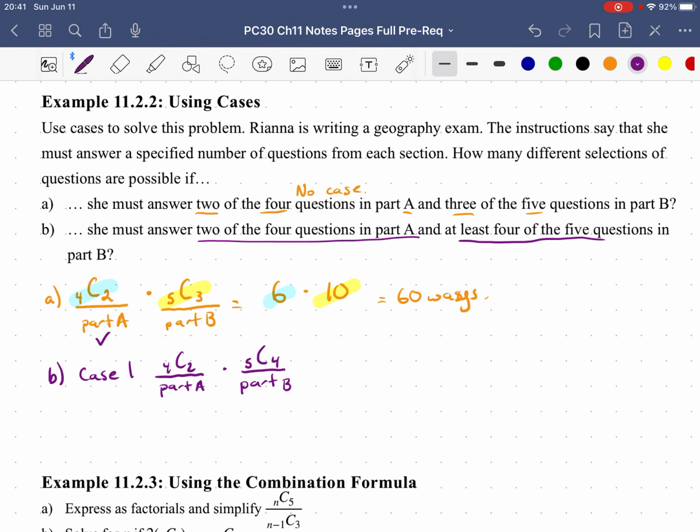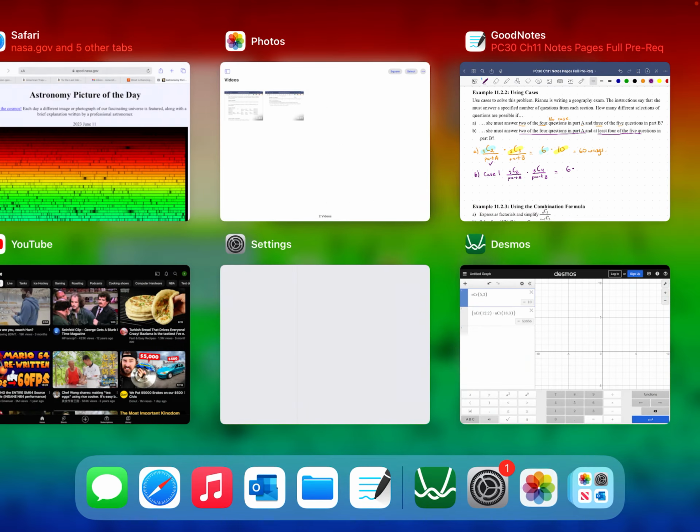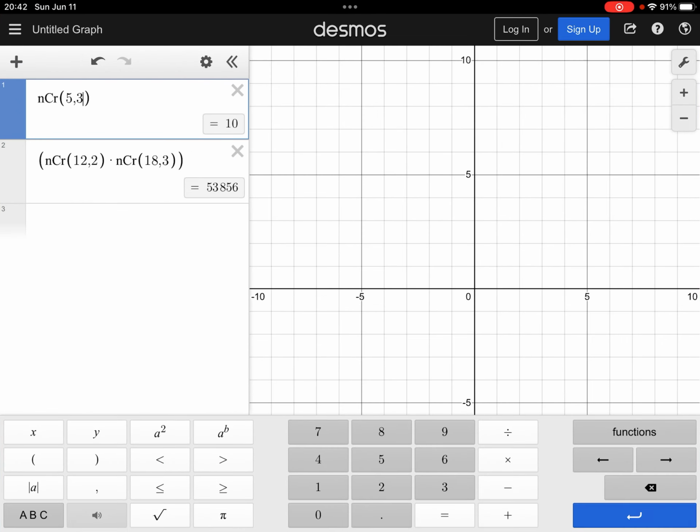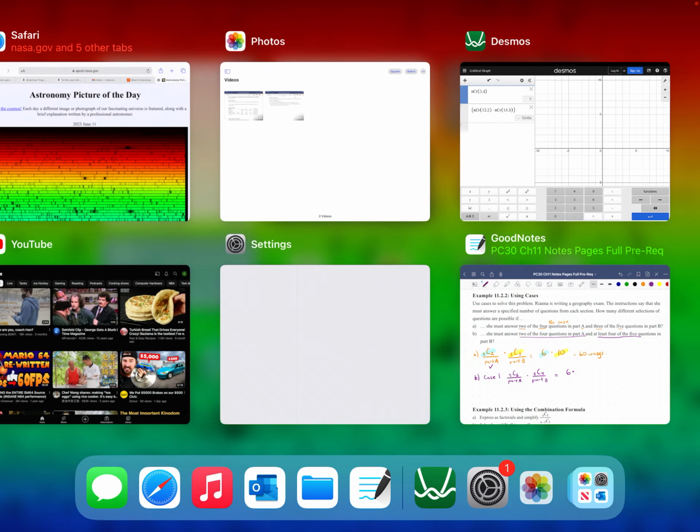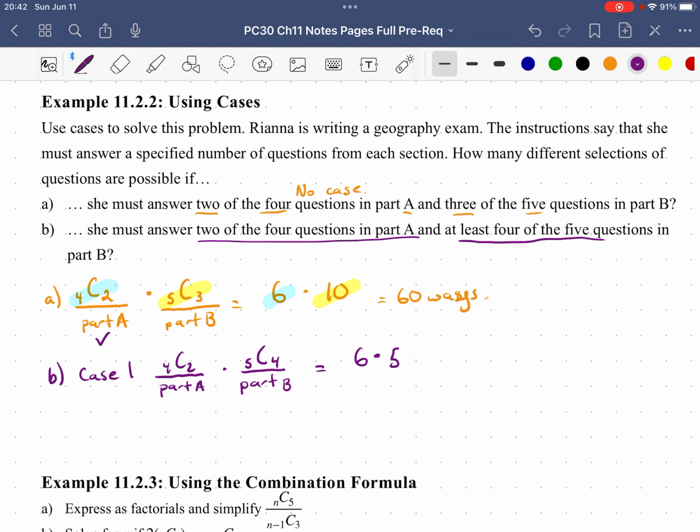I don't know why anybody would choose to answer 5 questions instead of 4 questions, but so this becomes 6 times, let's take a look at 5 choose 4. 5 choose 4. It's 5. 6 times 5 is equal to 30 ways.